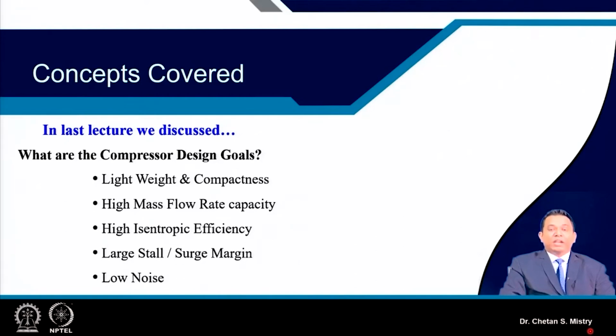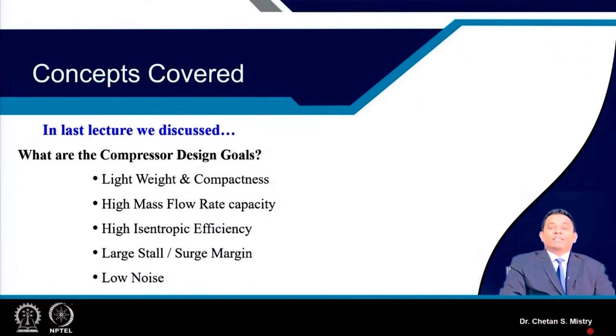Next, we are looking for higher isentropic efficiency, and we know efficiency we correlate with the losses. When we are able to reduce the losses, then it is possible to improve the efficiency. These losses we have discussed are mainly aerodynamic losses, concerned with the design, selection of blade, selection of aerofoil, and so many parameters that come into the picture.